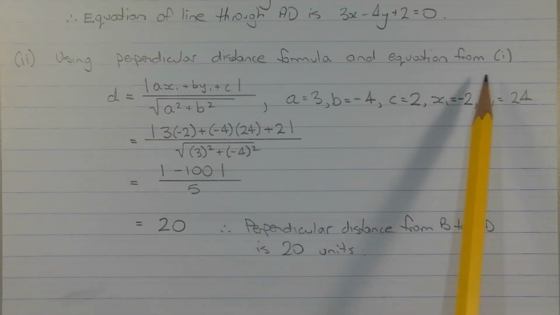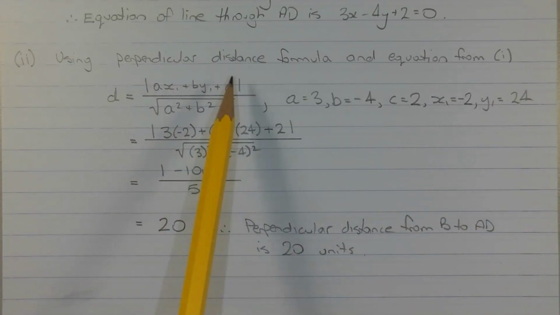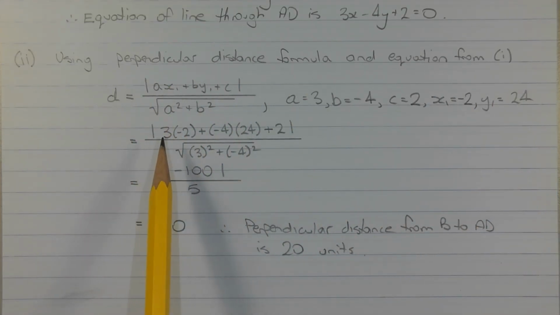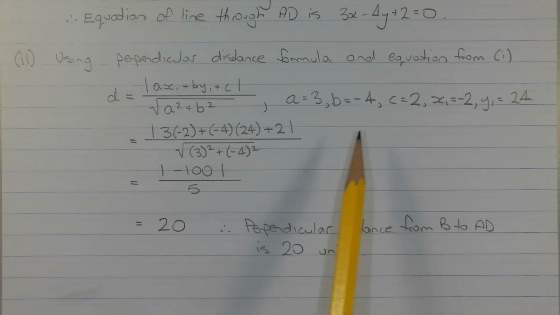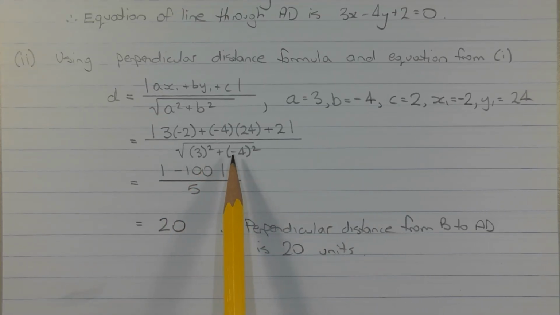So substituting all these values for the variables here, we get d is equal to the absolute value of 3 times -2 plus -4 times 24 plus 2 all over the square root of 3 squared plus (-4) squared, which equals the absolute value of -100 over 5, which equals +20. Therefore, the perpendicular distance from point B to the line AD is 20 units as required.